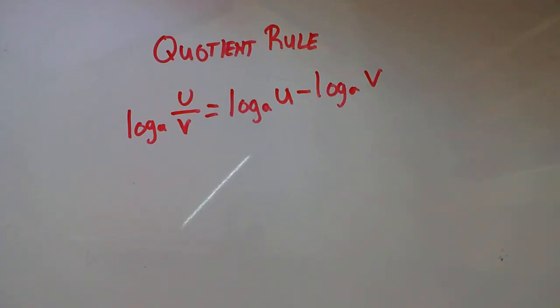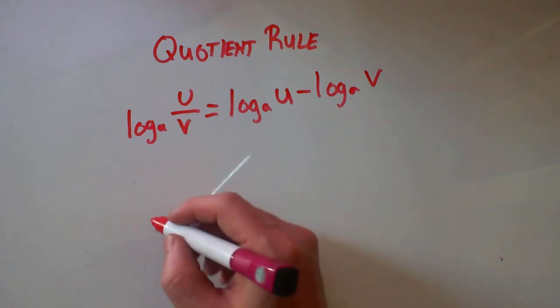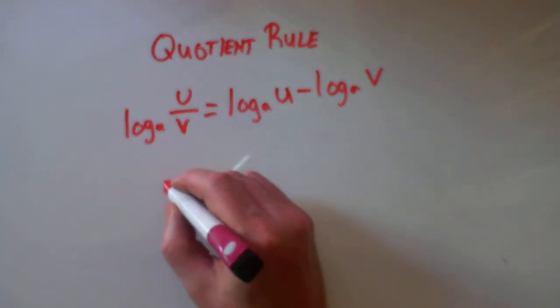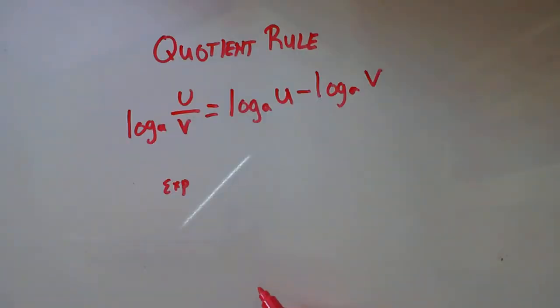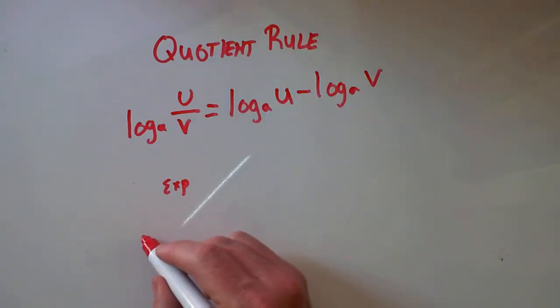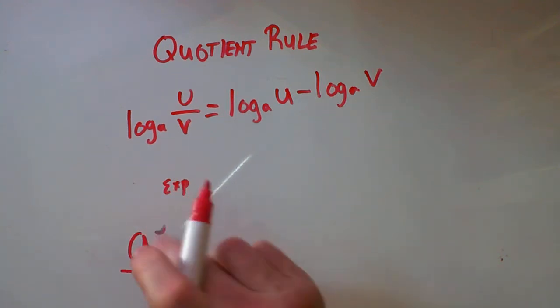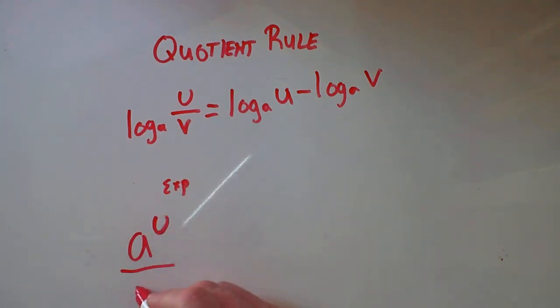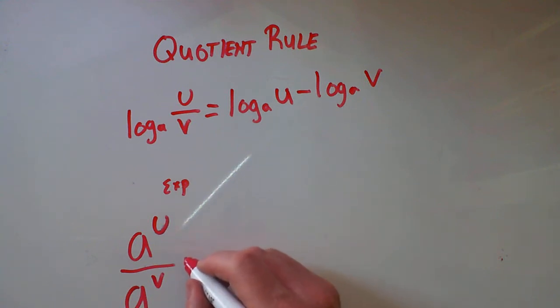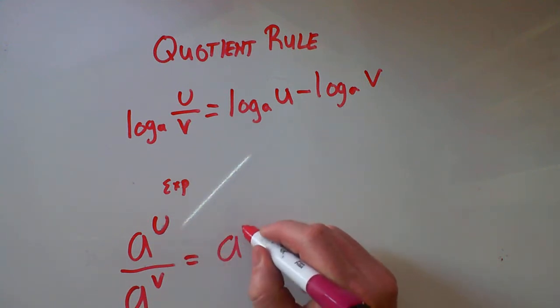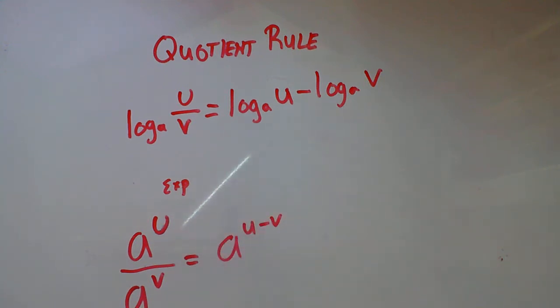Log base a of u divided by v equals log base a of u minus log base a of v. This is the basic exponential version, right? This is the logarithmic version of the exponential rule, where a to the u divided by a to the v equals a to the u minus v.